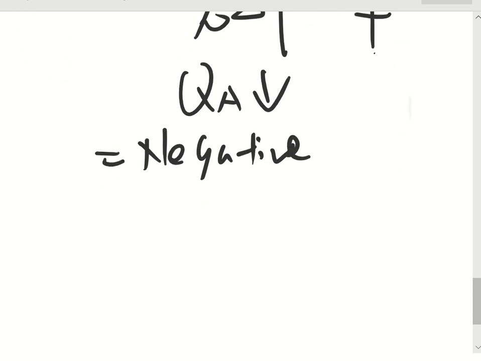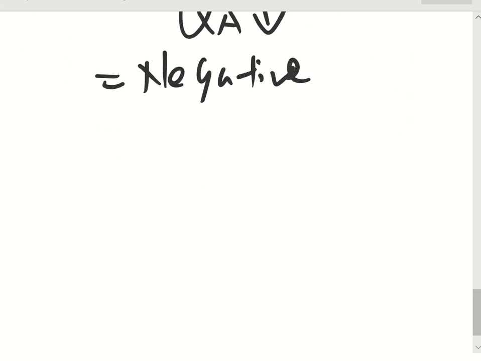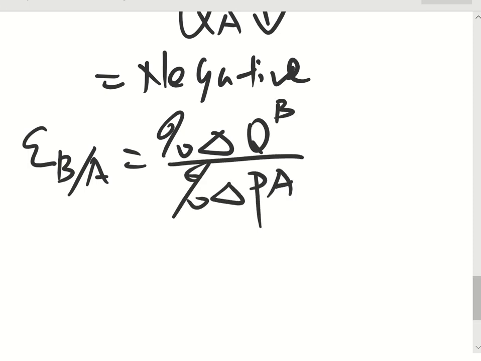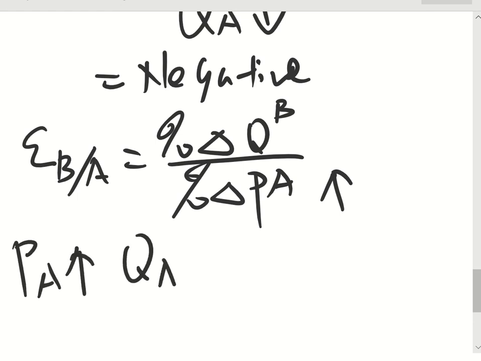Now, on the other side, if it's a substitute, so elasticity, the percentage change in quantity demanded for good B over the percentage change in price for good A. Now, imagine again the price for good A increases. So good A is getting more expensive. Now, according to the law of demand, when good A is getting more expensive, the price for good A goes up, that means the quantity for good A will go down.